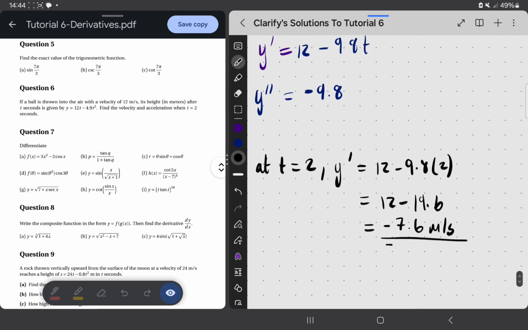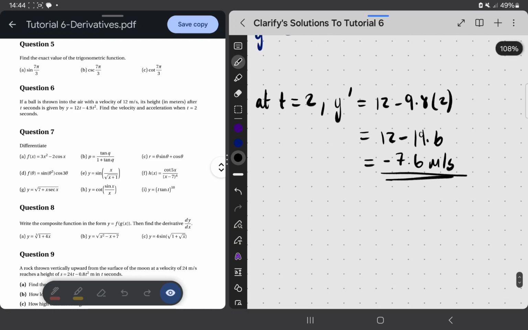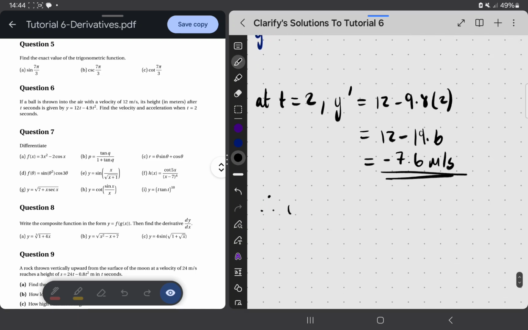This comes out as the velocity, which means this thing is now coming back down. Okay, this thing is now coming back down. And now we can say, therefore, velocity when t equal to 2 is negative 7.6 meters per second.